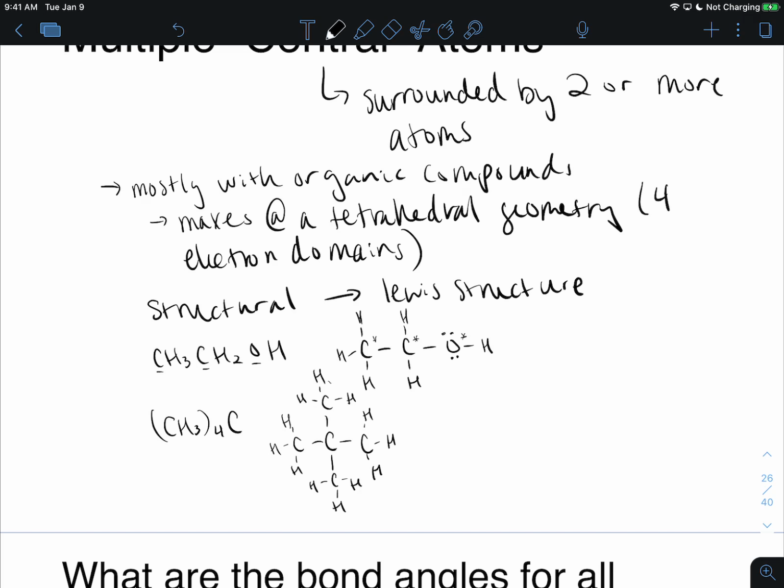Okay, we could also have something like this. So the hydrogens are going to be extra. Everything besides the hydrogens, those are the things that are connected to each other. So we see that this oxygen is connected to this carbon, which is connected to this carbon, which is connected to this oxygen. So we do oxygen, carbon, carbon, oxygen, and then we put in our hydrogens.